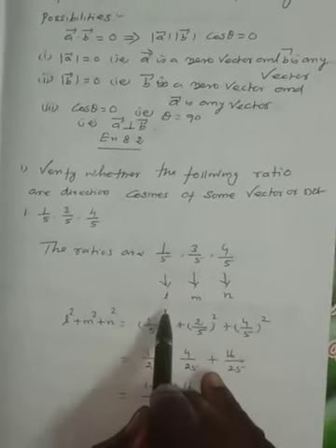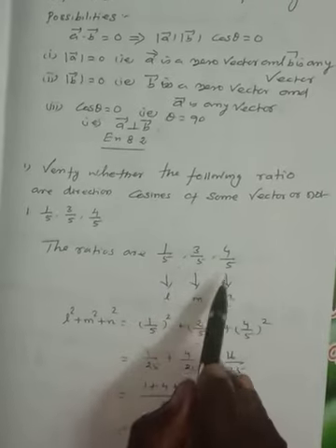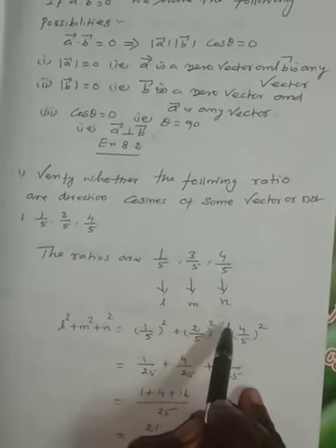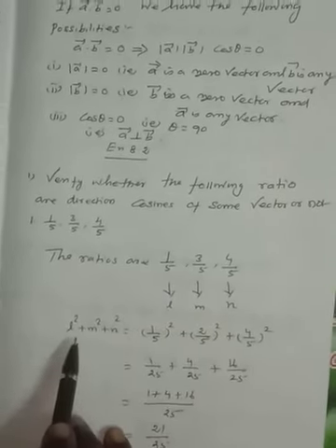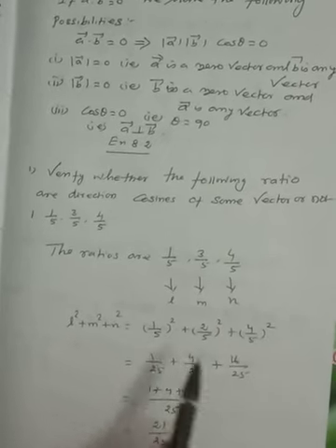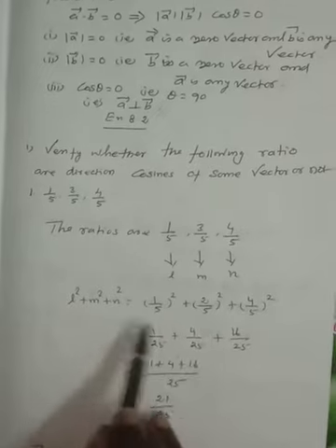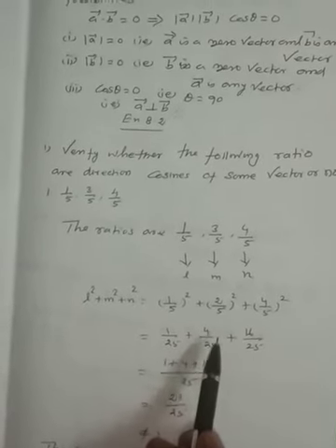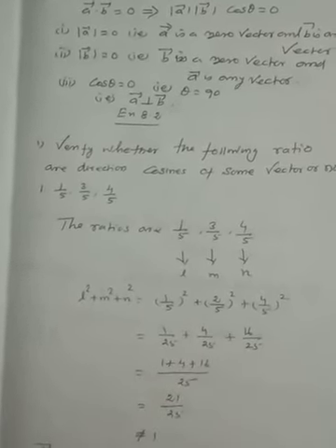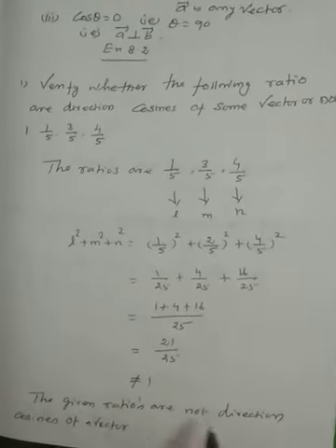Let us take the first as L, second as M, third as N. The formula is L square plus M square plus N square is equal to 1. Then the ratios are direction cosines. If not, the ratios are not direction cosines.